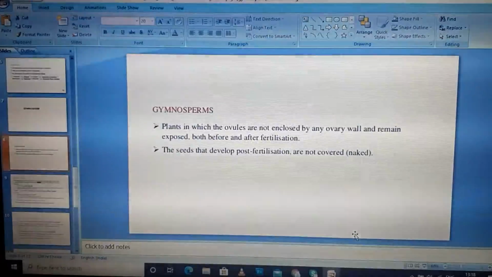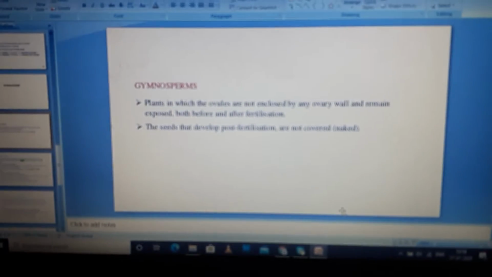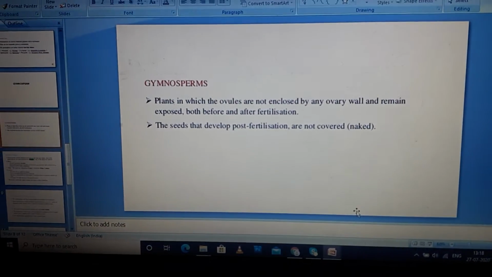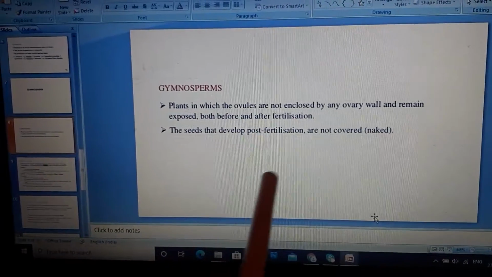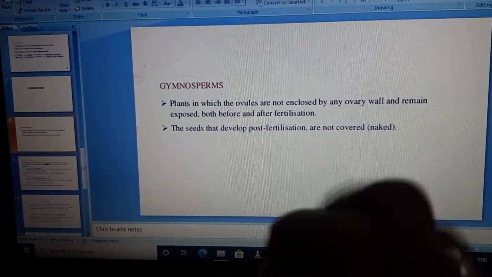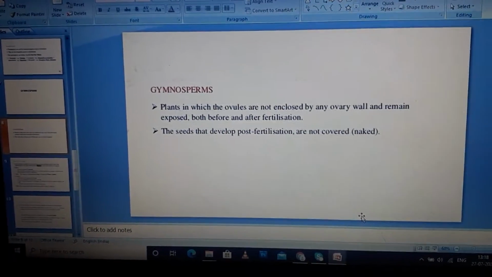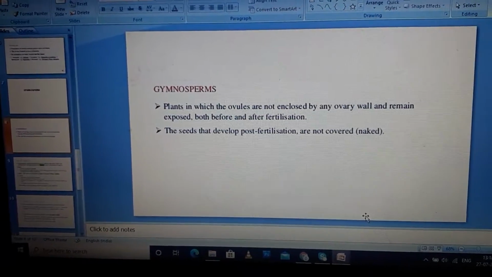Now, gymnosperms. Gymnosperms are the plants which have naked seeds, that is, seeds are not covered with any covering. So these are commonly known as naked seed plants.